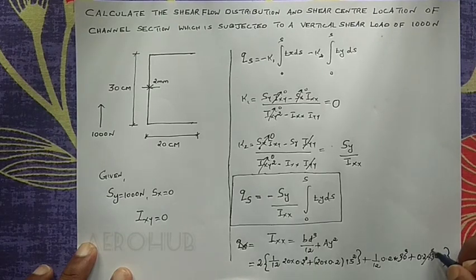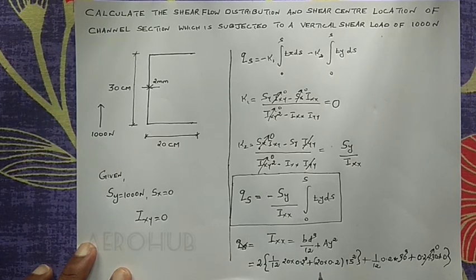So this value becomes 0, and you have to also understand we have in first term 1 by 12 into 20 into 0.2 cube. Okay, 0. By thin walled approximation, the higher order values of thickness is neglected. So this value becomes 0. So finally we will be having 2 times 20 into 0.2 into 15 square plus 1 by 12 into 0.2 into 30 cube.